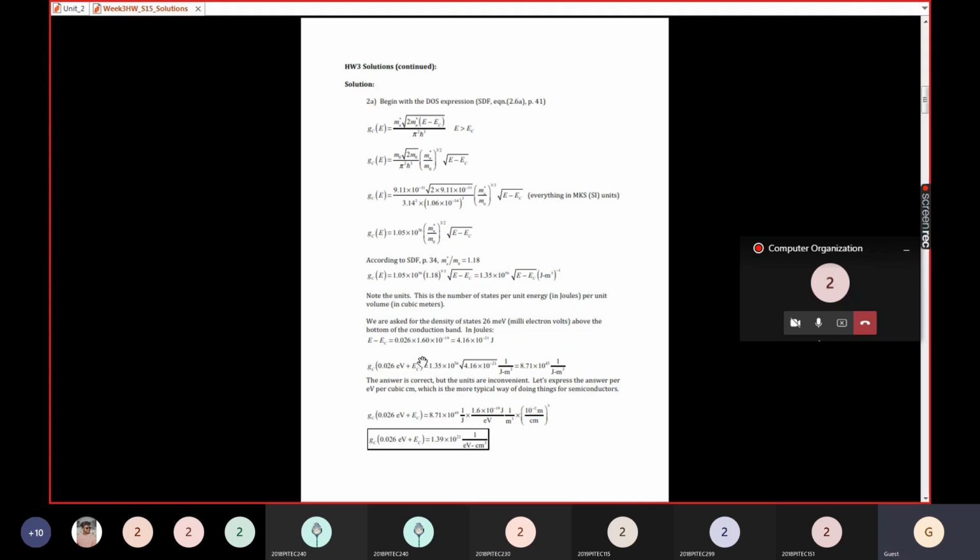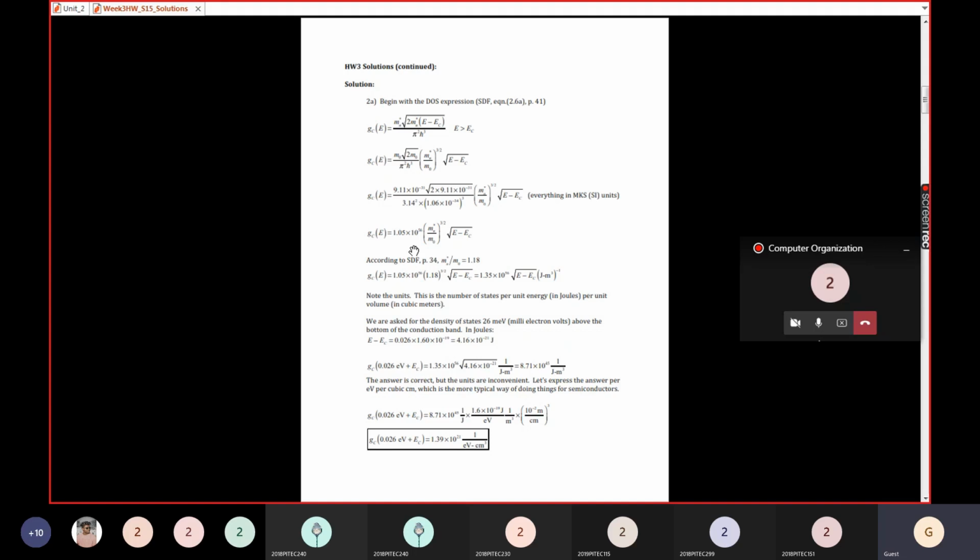But in order to solve in a timely manner, go directly for the formula represented here as 1.05 into 10 to the power 56 into Mn divided by m naught power 3 by 2 into square root of E minus EC. See, this formula you have to remember.